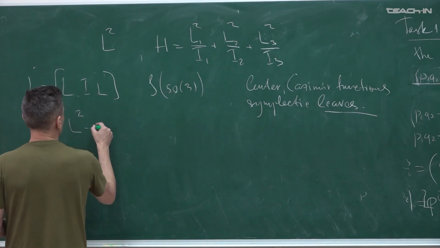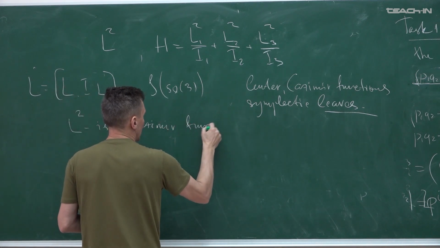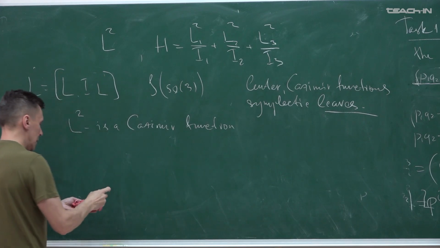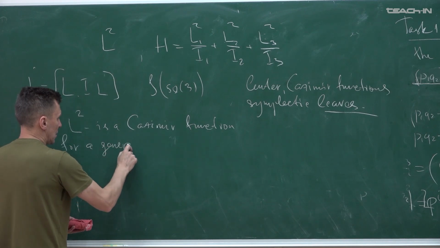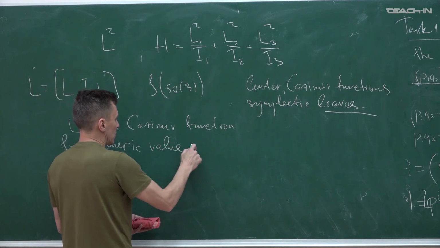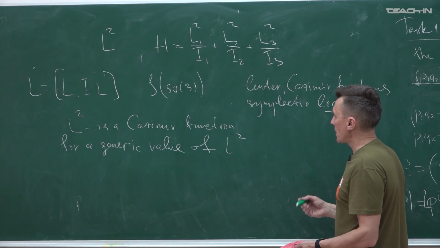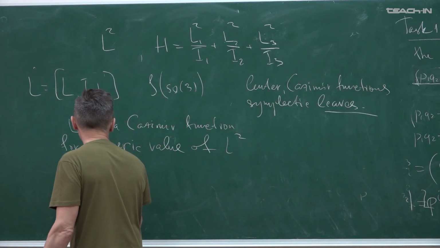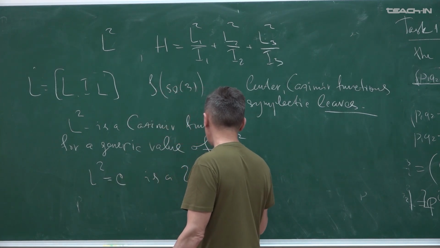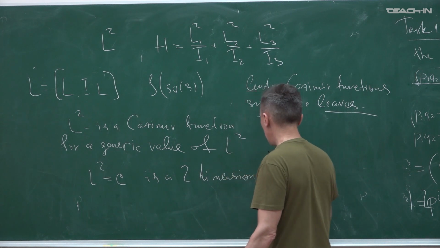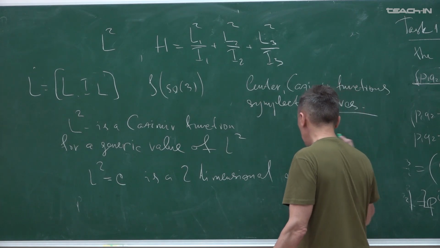L square is a Casimir function. And it means that for a generic value of L square, the subvariety L square equals C is a two-dimensional symplectic variety.